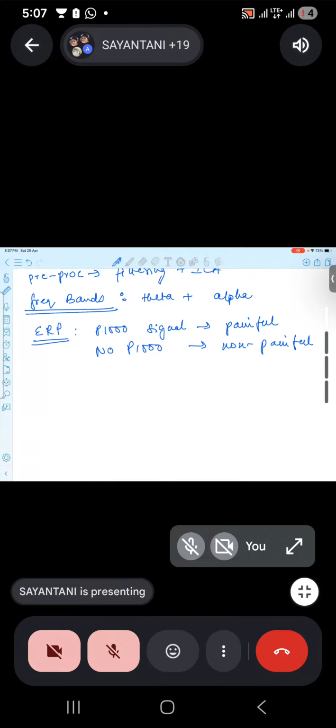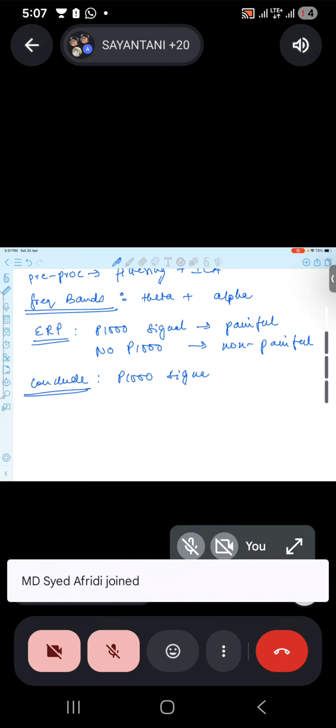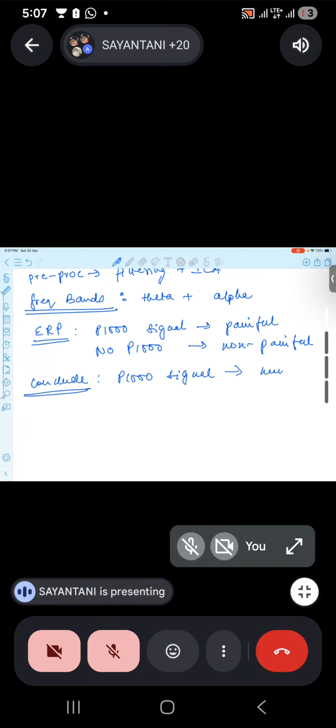Okay. So what we can conclude from here is that this P1000 signal can act as a neural or cognitive marker denoting whether a given stimuli is painful or not painful.